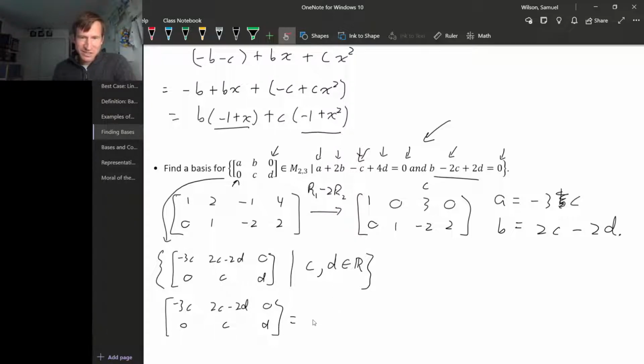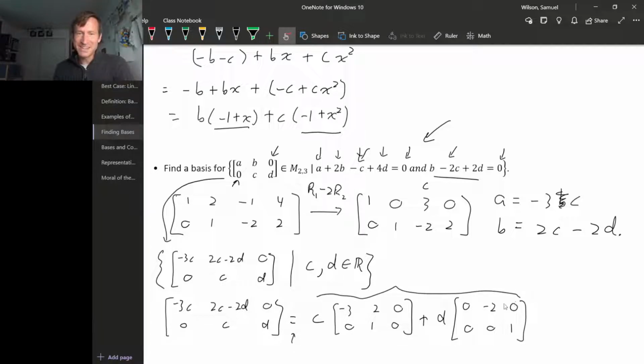And probably you can see that this is C times the matrix -3, 2, 0, 0, 1, 0, plus D times 0, -2, 0, 0, 0, 1. Okay. So if you don't see why this is true, compute what this matrix is. You'll see it's just that.